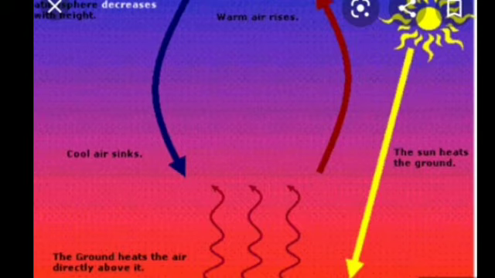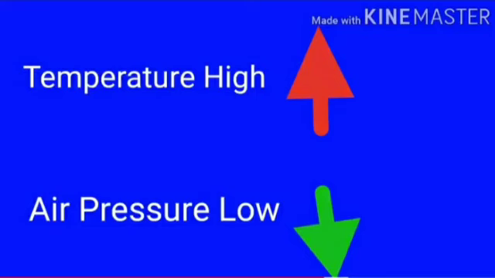Understood? So what I want to say is, look at this picture over here, student, whenever the temperature rises, air pressure becomes lower, and when the temperature becomes lower, air pressure becomes higher. Understood?